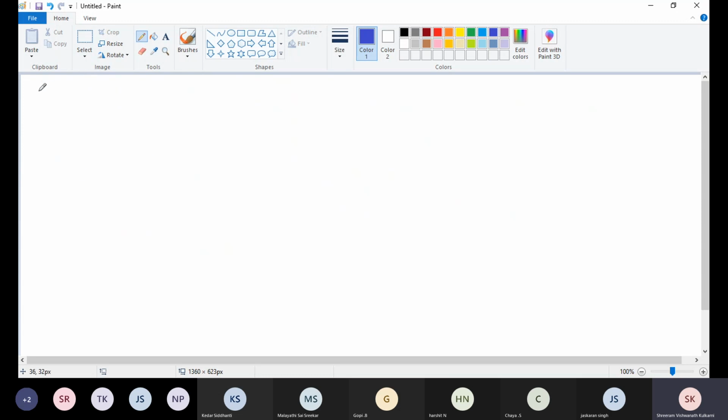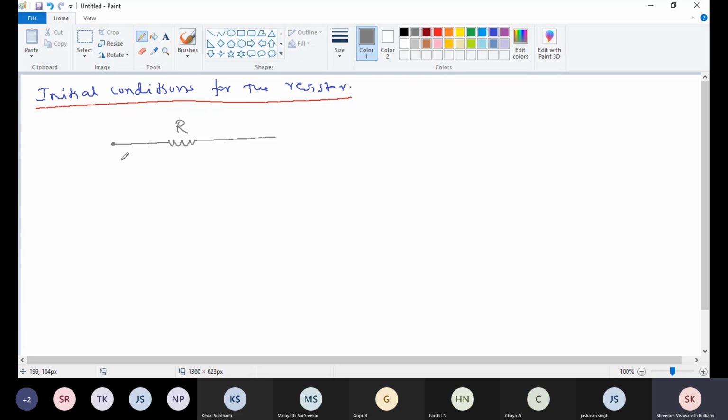Initial condition for the resistor. See here, if this is my resistor R, and I am going to apply a source to this, that is V of t.